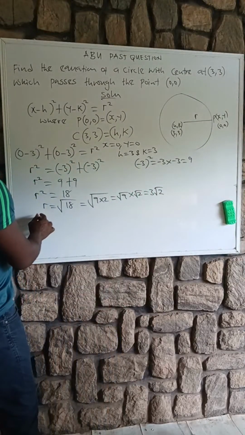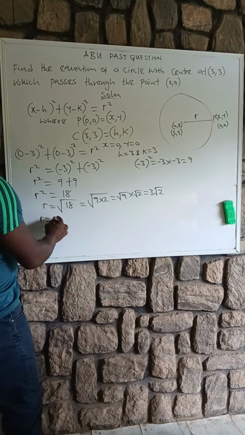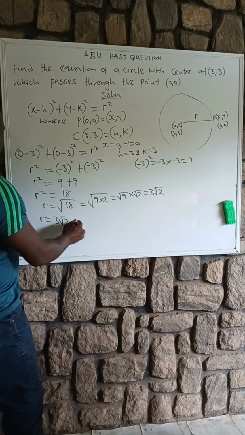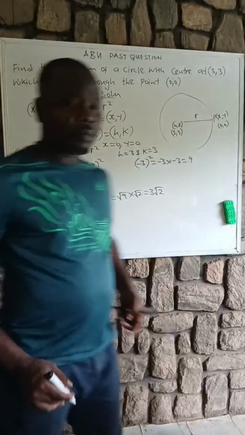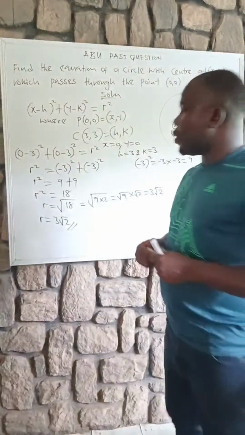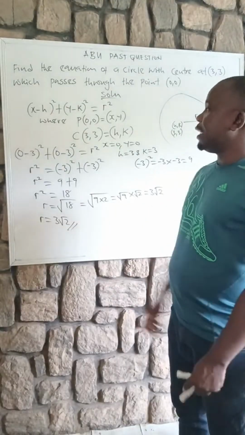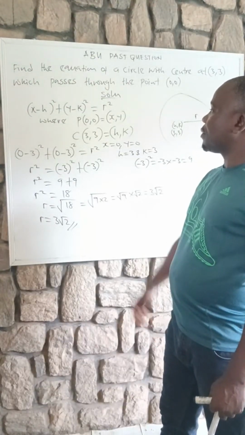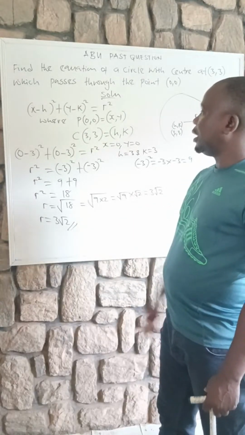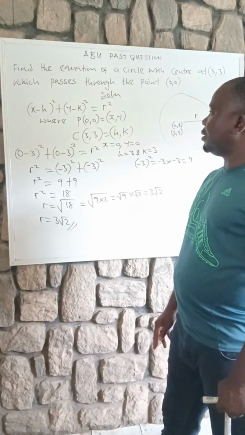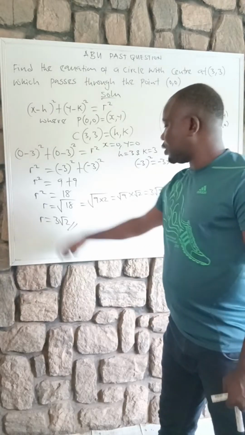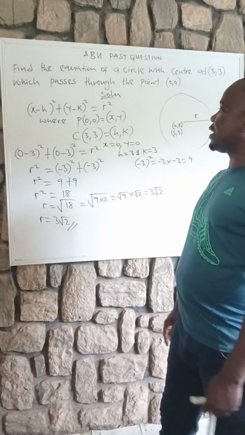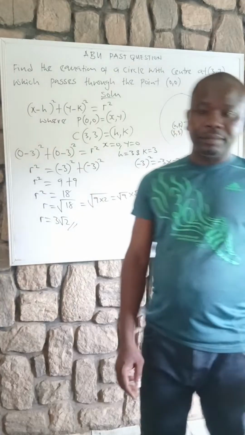Therefore our r is 3 root 2, right? Do you agree with me? Okay, so now at this point, this is where we are going to consider the equation of the circle. Is that clear?